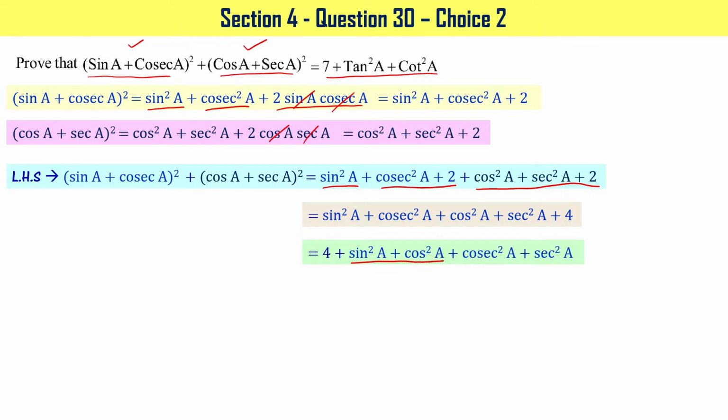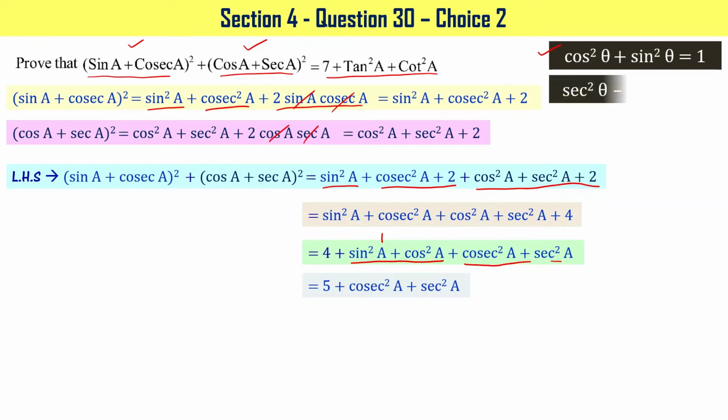It says that sin square A plus cos square A equal to 1, right? And let's write the remaining terms as is. Now, as per this particular identity, cos square theta plus sin square theta equal to 1, I can write it as 1, right?